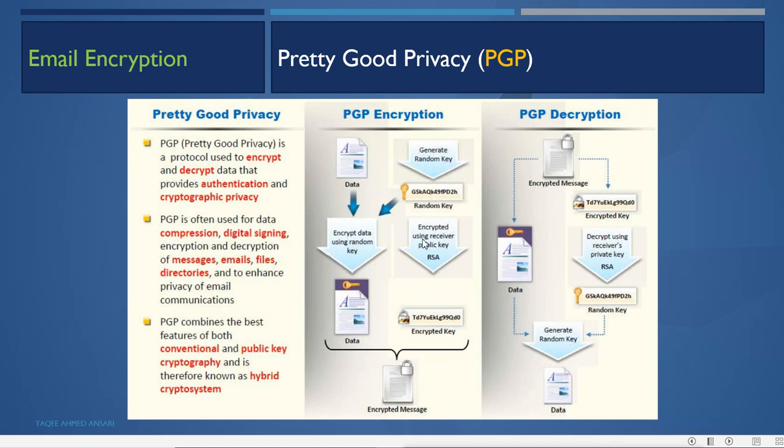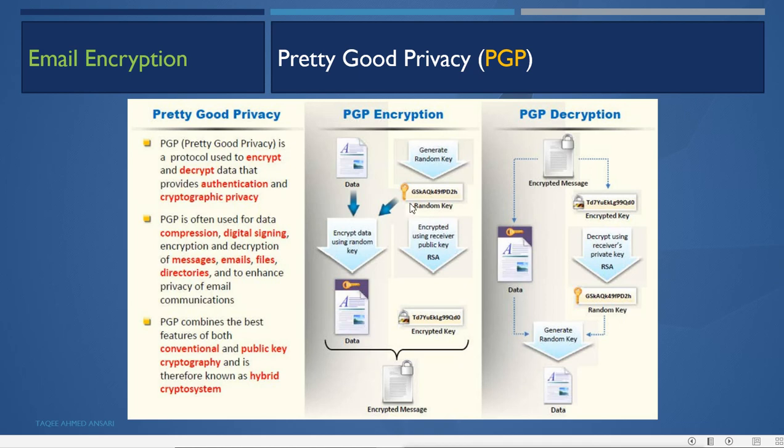Then for decrypting the message, what does it do? First the random key is recovered. The key is generated by decrypting the encrypted key using the receiver's private key with RSA.